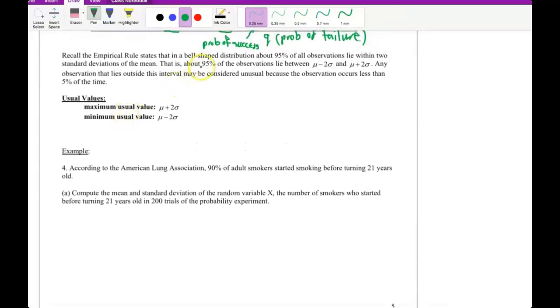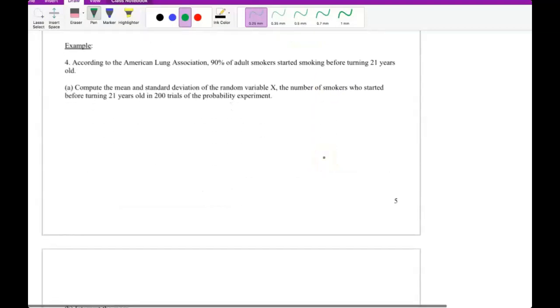And this was 95% of observations were in this interval, so within 2 standard deviations. Now example.